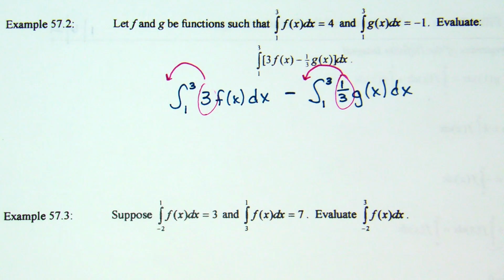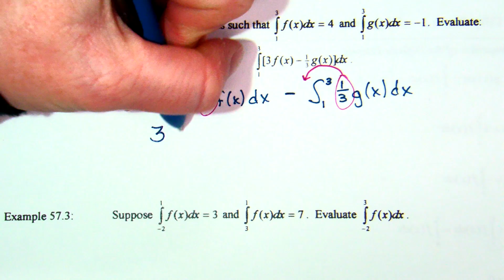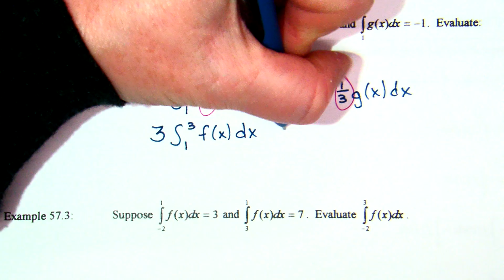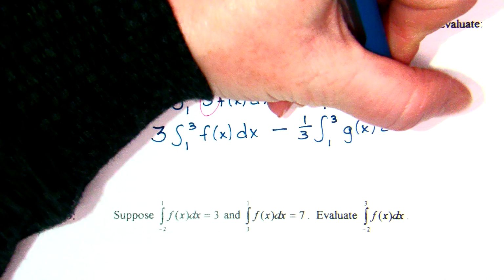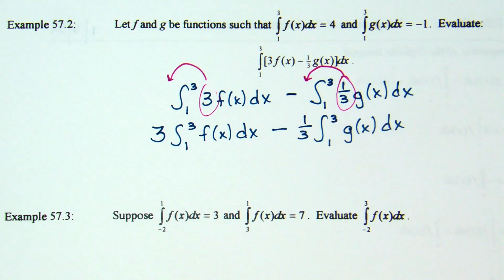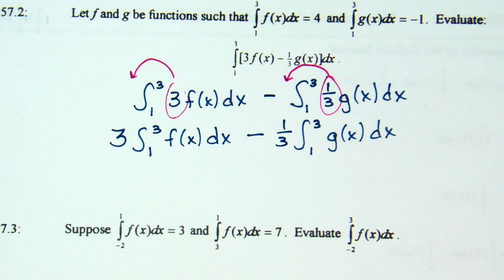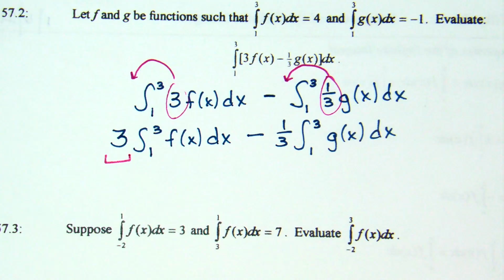And so if I move that constant of 3 out, it's 3 times the integral from 1 to 3 of f of x dx minus 1/3 times the integral from 1 to 3 of g of x dx. Are you seeing the pieces here? 3 is 3, yes?